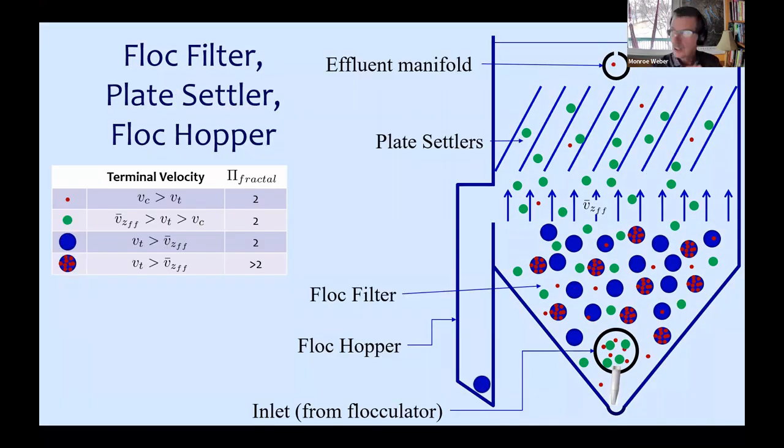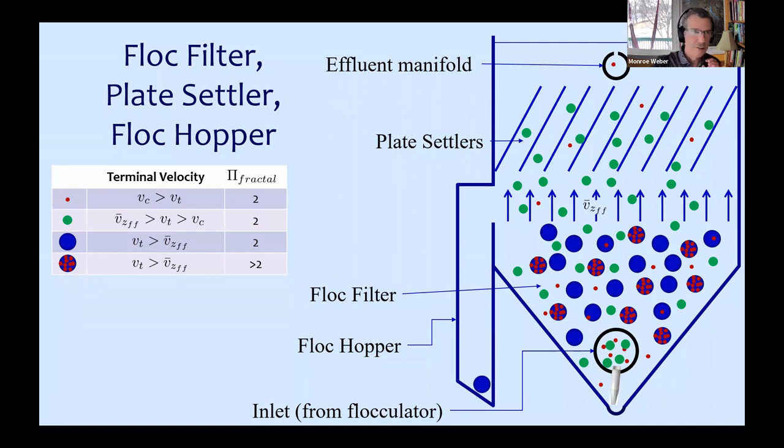I want to share this other crazy insight. You know, I've known about plate settlers for a very long time. And I don't think I've ever asked the question of how do flocks or particles that were caught in a plate settler, how do they get out the bottom of the plate settler and end up in the bottom of a sedimentation tank? So in a conventional system, there's not a flock filter.